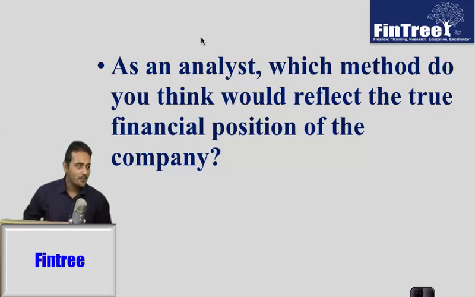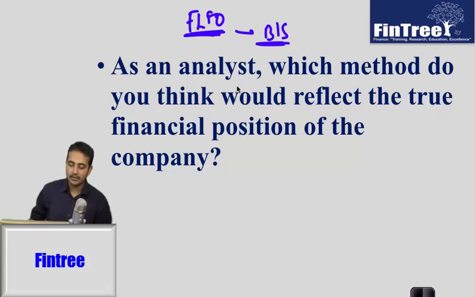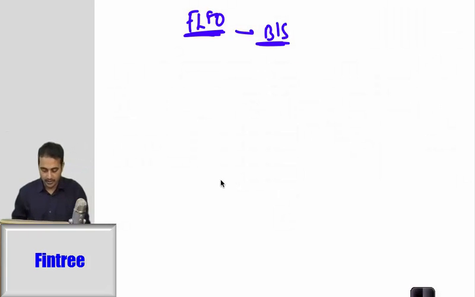FIFO. So again, the thought process should be like this. If you are using FIFO, then the first purchased are first out. That means what is left on the balance sheet? On the balance sheet, if you are using the FIFO method, let me make a chart here.